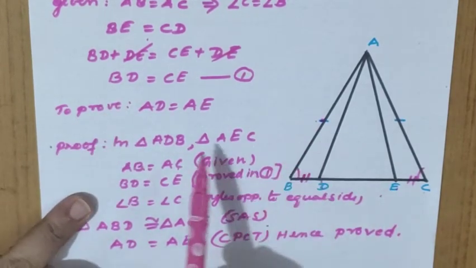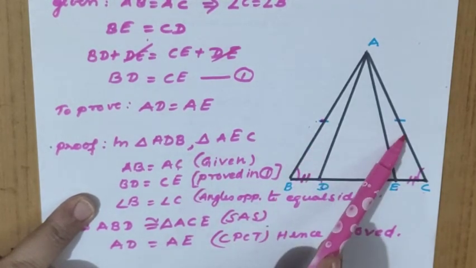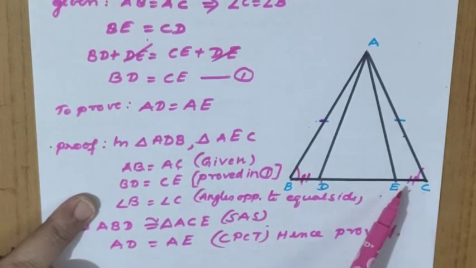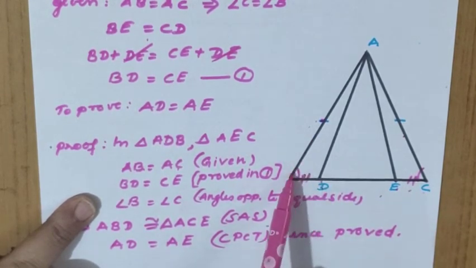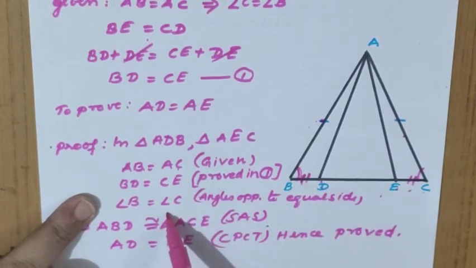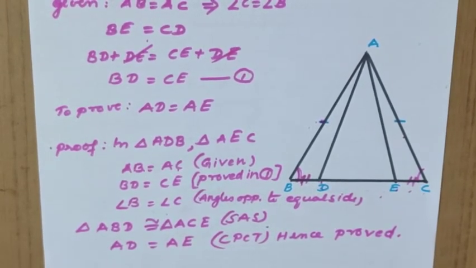If you compare triangles ADB and AEC, AB equal to AC is the first equal side, the second equal side is BD and EC by 1. Now these two sides have the included angle, so angle B equal to angle C. Therefore triangle ABD congruent to triangle ACE by SAS. By this we can write AD equal to AE by CPCT, hence proved.